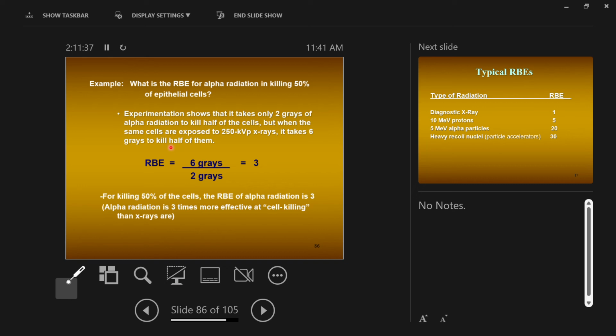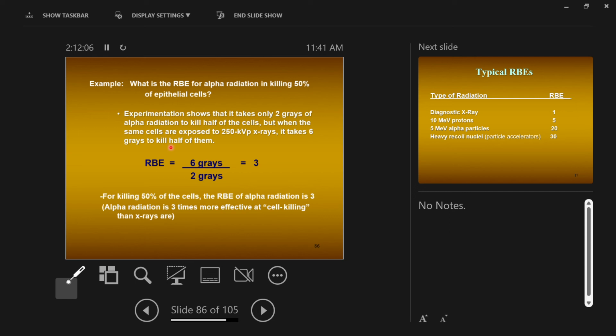In linear energy transfer terms, why is that true? So which takes more to cause the effect? X-rays. It takes more X-rays than alpha radiation. Specifically, it takes 3 times as many X-rays. Why does it take more X-rays than alpha rays to kill half of those epithelial cells?